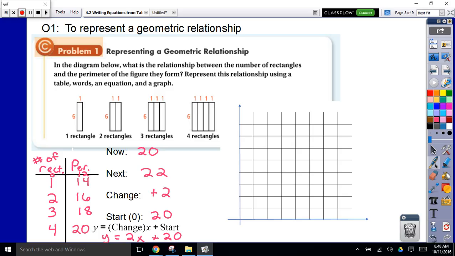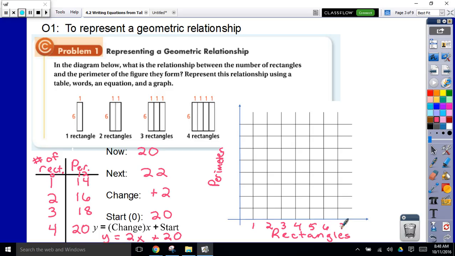Let me make my graph. My graph is rectangles. Number of rectangles is my independent variable. My dependent variable is the perimeter. I'm going to number this by 1, so I have 1, 2, 3, 4, 5, 6, let's go up to 7.